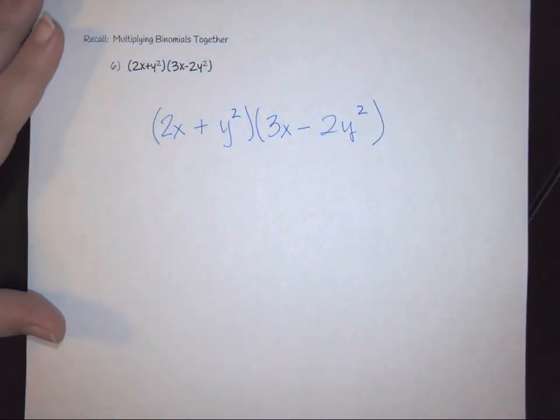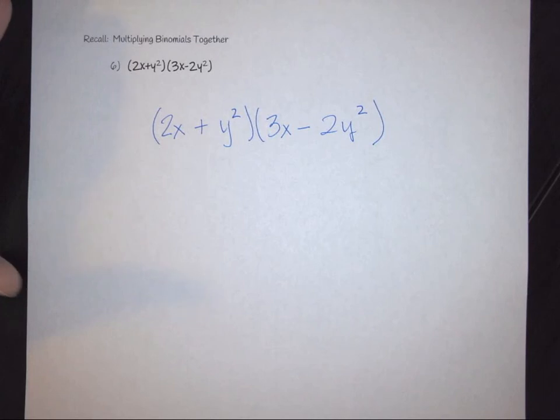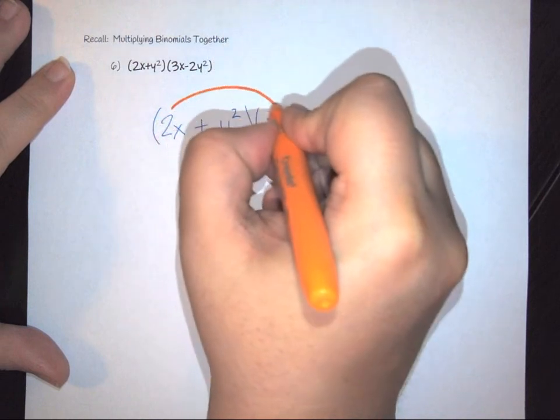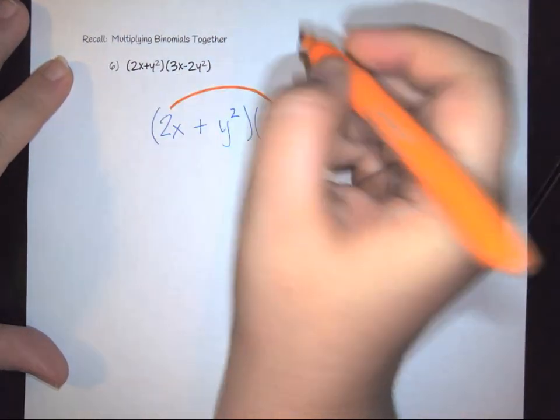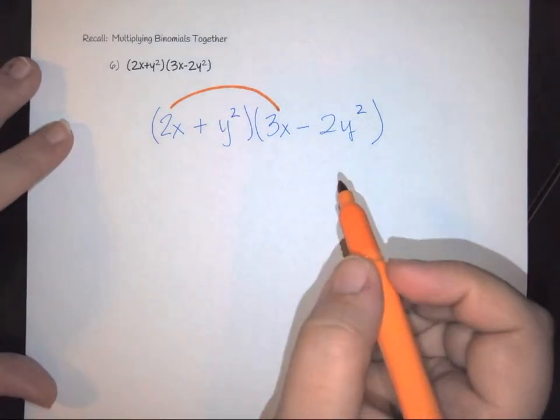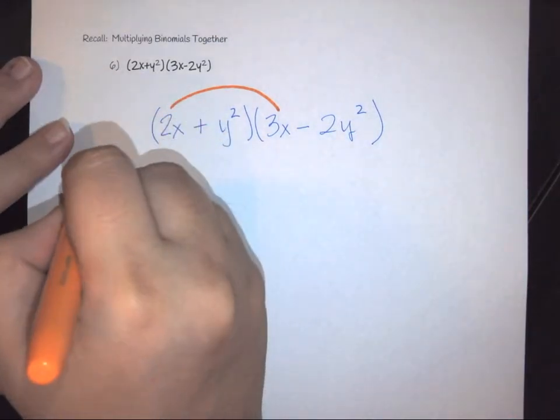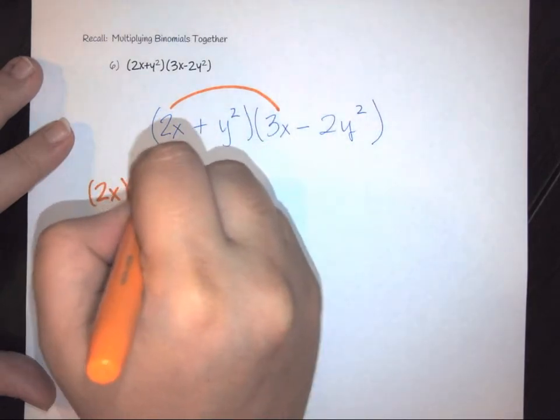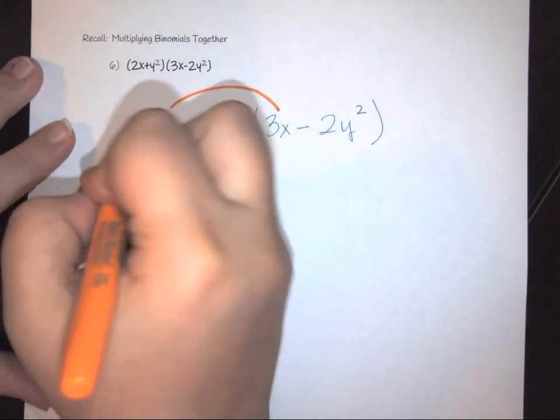FOIL says first, outer, inner, last. So what exactly does first, outer, inner, last mean? Well, first means I'm going to take my first two terms and multiply them together. So when I'm talking about my first, I'm talking about 2x times my 3x.